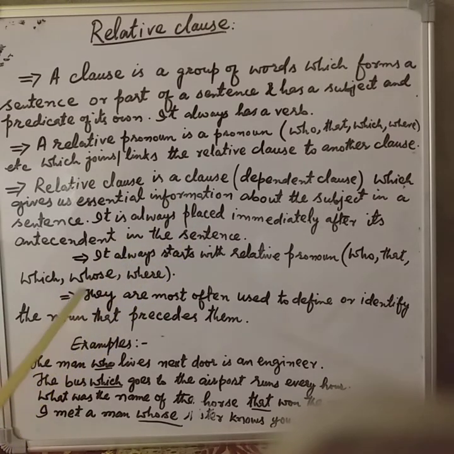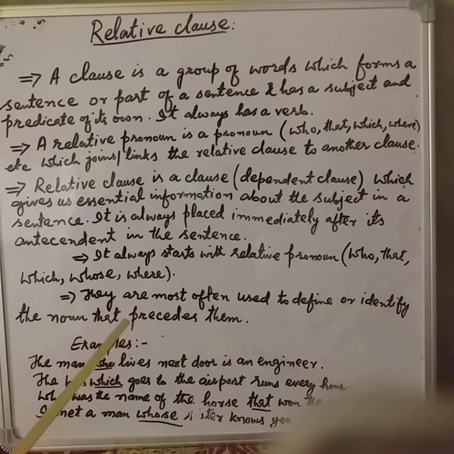Dear students, this relative clause always starts with a relative pronoun. So whenever you find in a sentence a clause which starts with a relative pronoun, that is how we can identify a relative clause. Here you know that the relative pronouns are who, that, which, whose, where, etc. Okay.